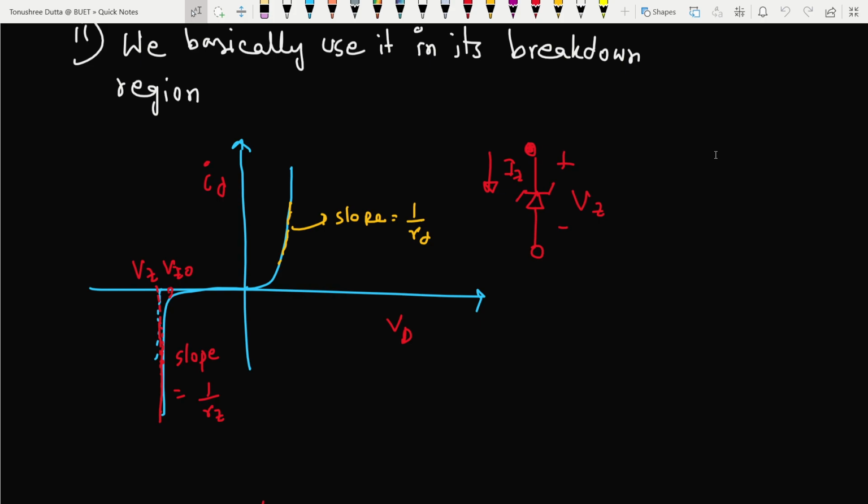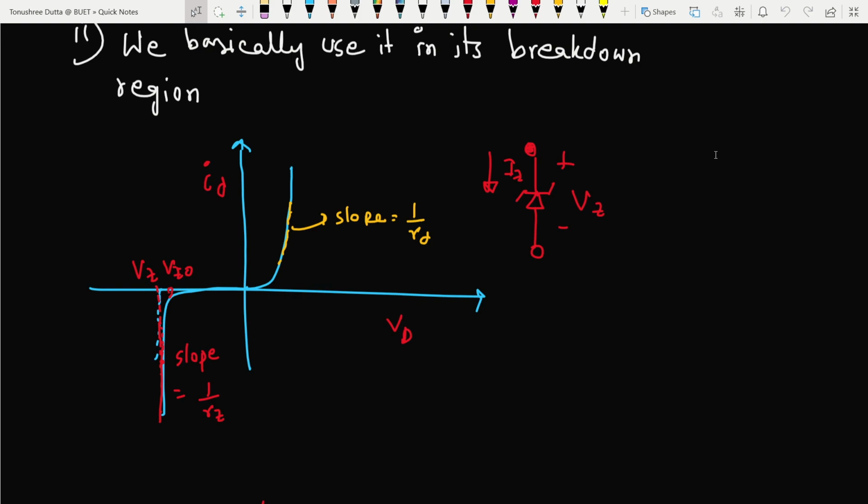First of all, if I look at the IV curve of a Zener diode, here I have drawn a normal IV curve. I have not pointed out all the basic parameters. I have just drawn the basic IV characteristics to give you an idea about why we use this Zener diode instead of adding a lot of diodes in series.